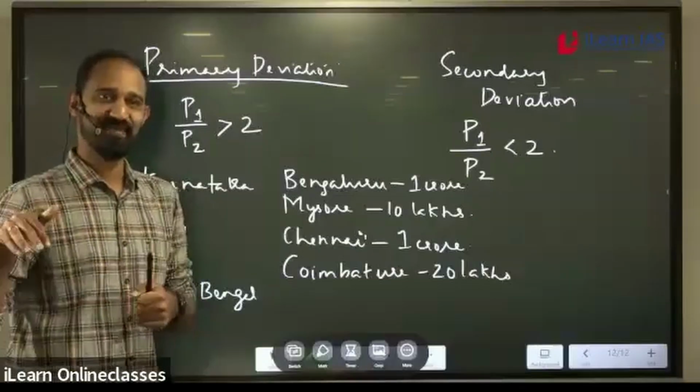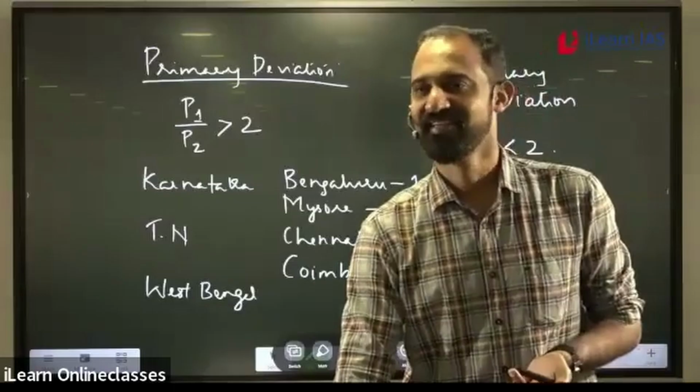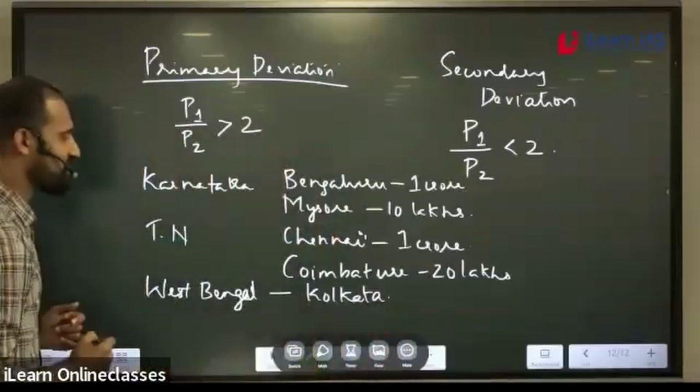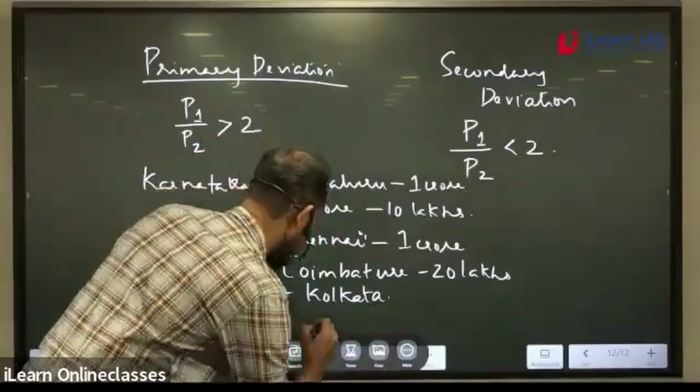Sir, most probably it is Siliguri. Siliguri is not a district, sir, but in terms of development, in northern Bengal it is the most developed one. Okay, fine. As per my understanding, it is Asansol.